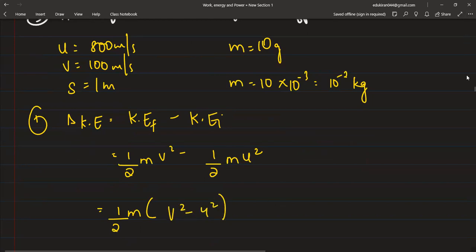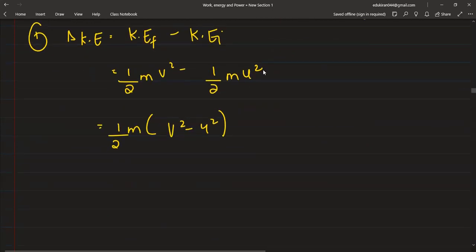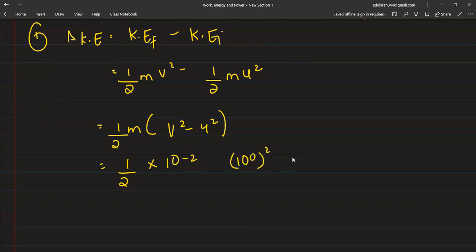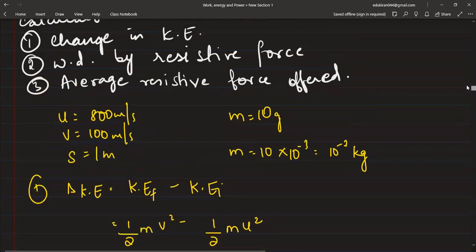So you can put the values. Okay, Abir has got the answer. So this is half, 800 square. 3150 joules, correct. Good. So this you can solve. I'm stopping here. Change in kinetic energy.